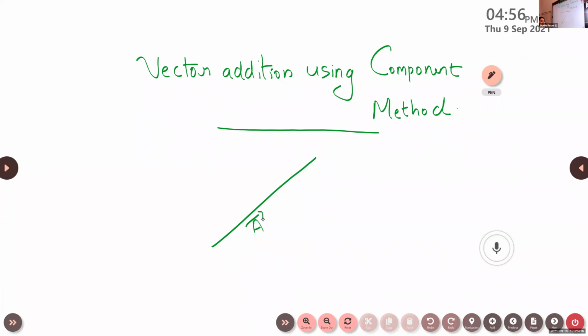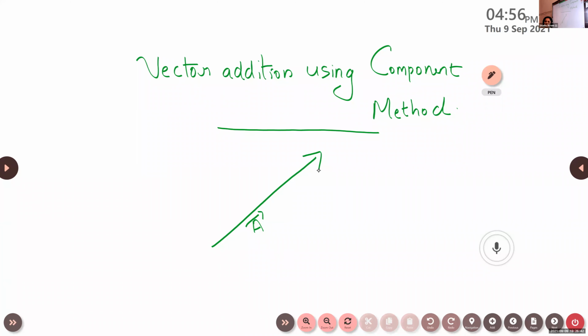Now it is not representing a vector unless we draw the arrow mark, because a vector is a physical quantity which possesses both magnitude and direction. So this vector A is inclined at an angle theta.